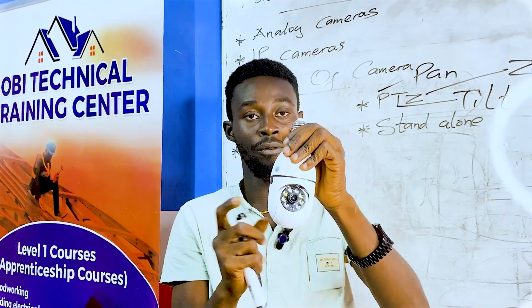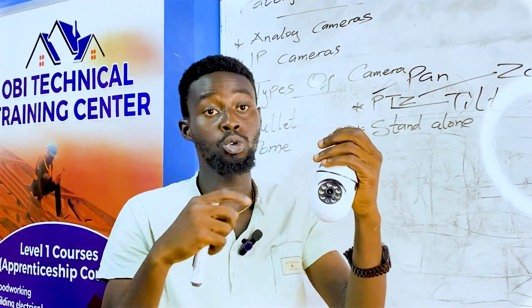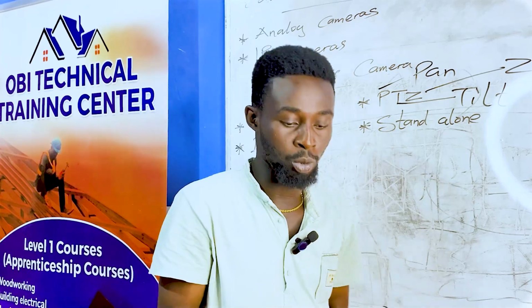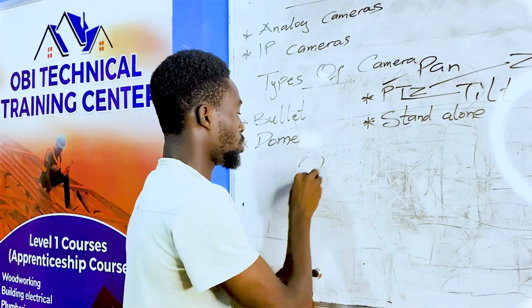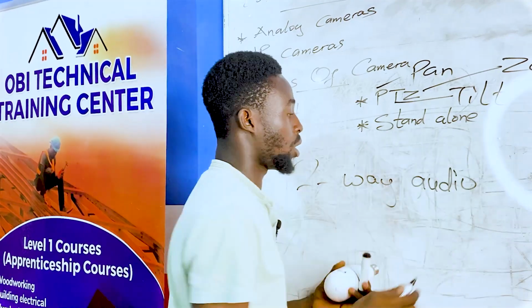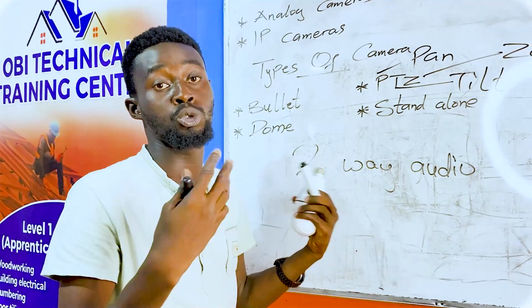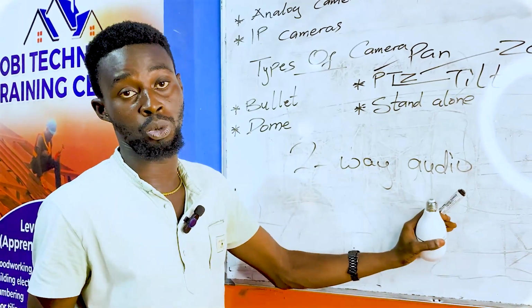One other characteristic that some cameras have, even some bullets and some domes, is what we call two-way audio. Sometimes you hear people just saying two-way. It is the same as two-way audio.